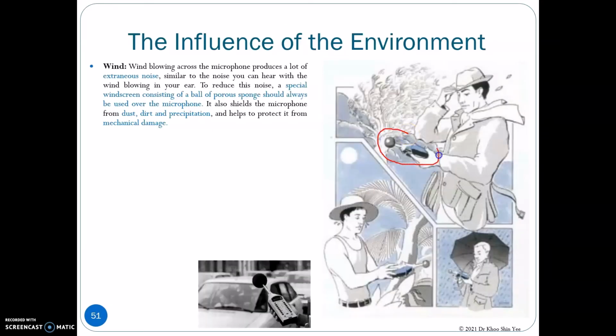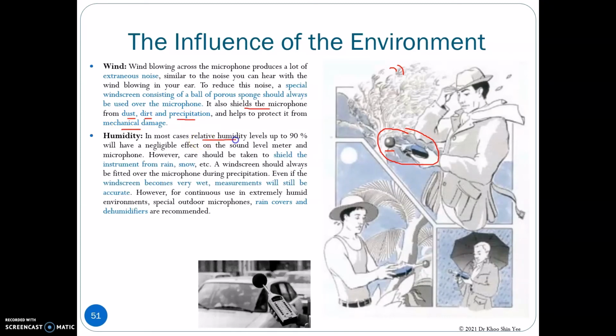Sometimes we use the sound level meter together with a special windscreen consisting of a ball of porous sponge. It helps to reduce the noise generated from the wind. Besides that, it can also seal the microphone from dust, dirt, precipitation as well as mechanical damage. Relative humidity levels up to 90% will have a negligible effect on the sound level meter.